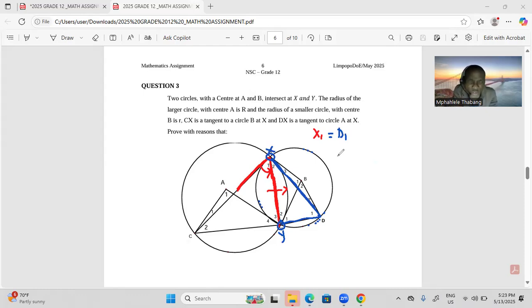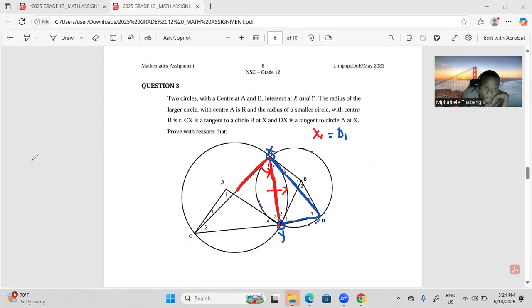So once they give you a tangent, watch out for the tan-chord theorem. Just look for the theorems of tangent, not only tan-chord. Once they give you a tangent, look for the theorems that have to do with tangent. So in this case, we observed x1 equals d1 according to the tan-chord theorem.